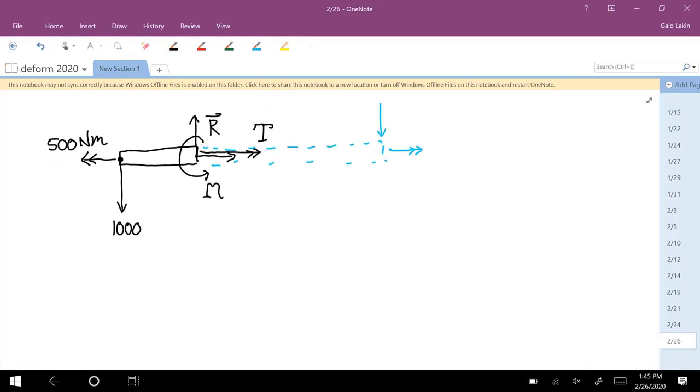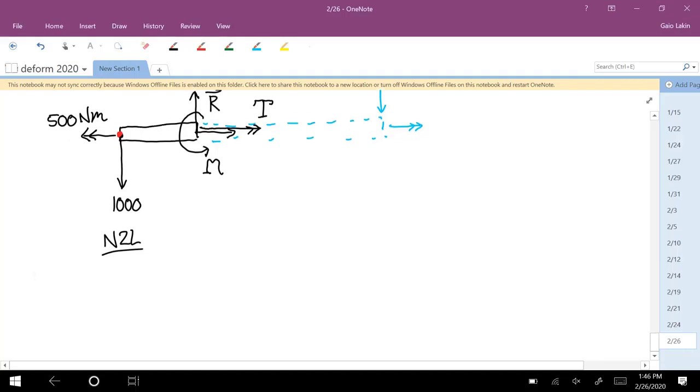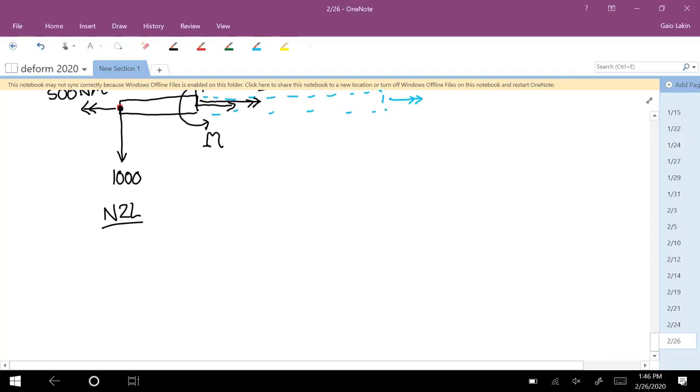Okay, so now let's go to Newton's second law. You could write out the force vector and the moment. I'm going to make this the about point, and that's where I'm always going to do the about point in these kinds of things. So Newton's second law says we have a downward force of 1,000. So 0, negative 1,000.